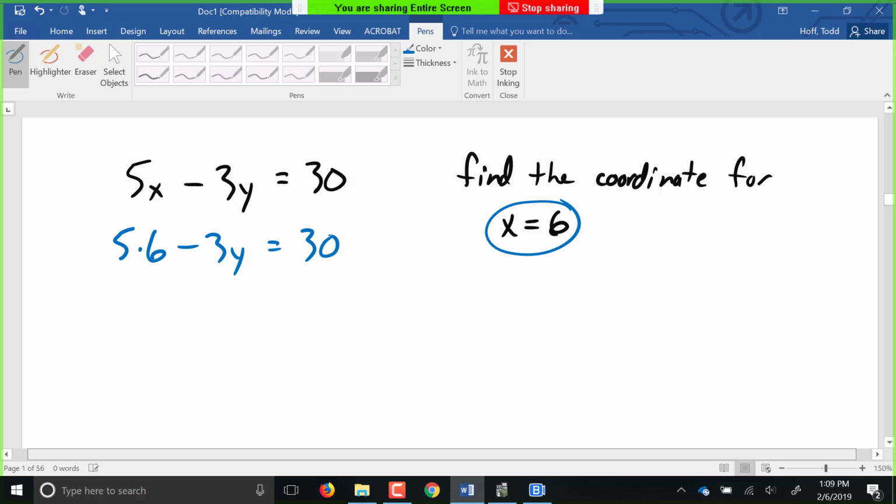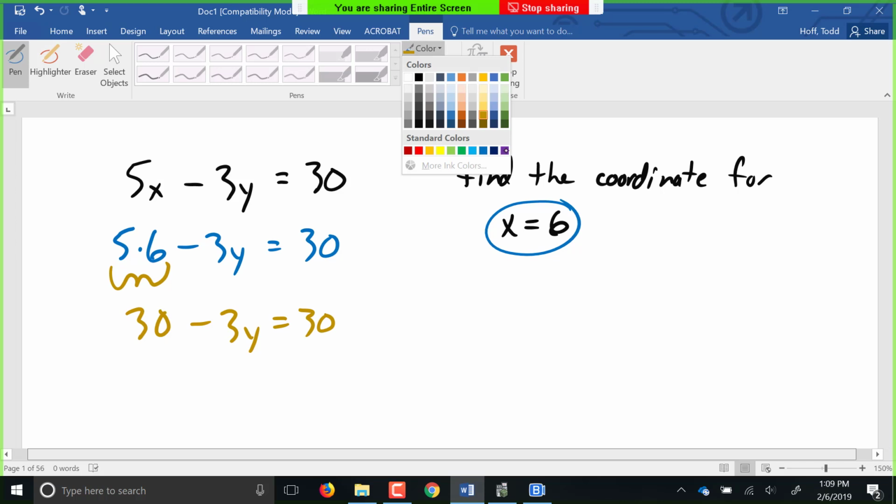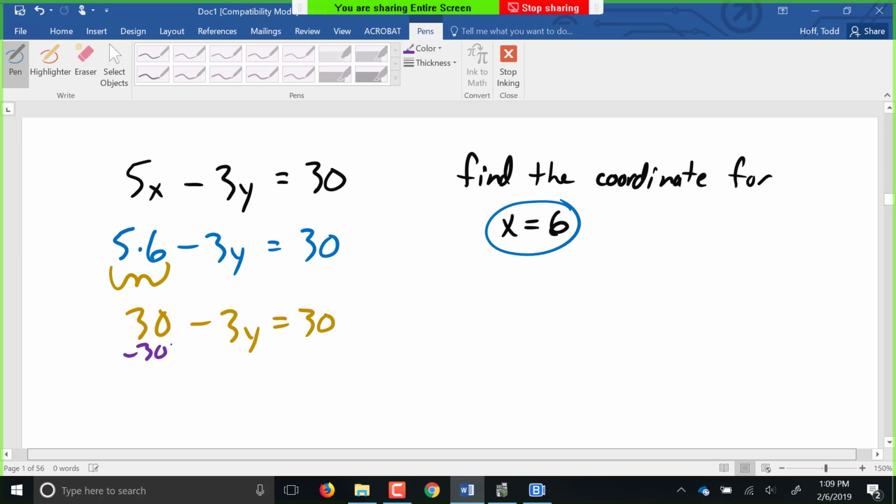So there you go. 5 times 6 minus 3y equals 30. Perfect. What's next? Five times 6 becomes 30. Yep, 30 minus 3y equals 30. And then subtract 30 to get negative 3y equals 0.